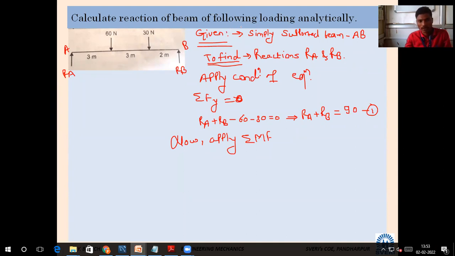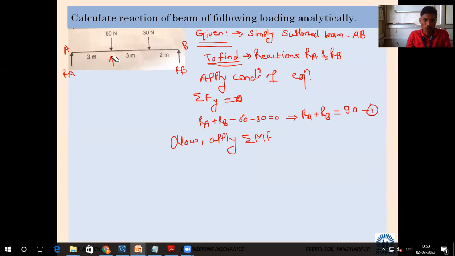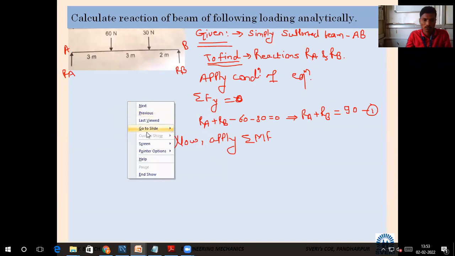You can take either A or B, but not an intermediate point. If we take an intermediate point, two unknowns come again in the equation and the complexity increases unnecessarily. So take one point at which one of the forces will become 0.